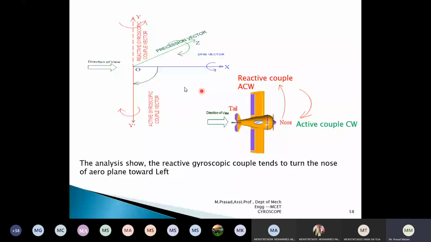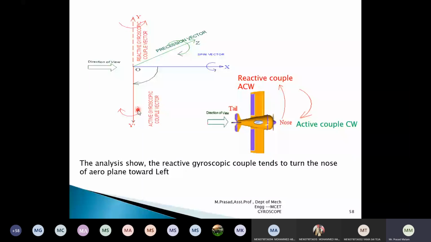This is the spin vector, which is positive x-axis, and the pressure vector is coming in the positive z-axis when, sorry, the aeroplane is landing. Now this is my reactive gyroscopic couple and this is my active gyroscopic couple. If we see how the reactive couple is moving, it is moving in anti-clockwise motion. How the active couple is moving, it is moving in clockwise motion.